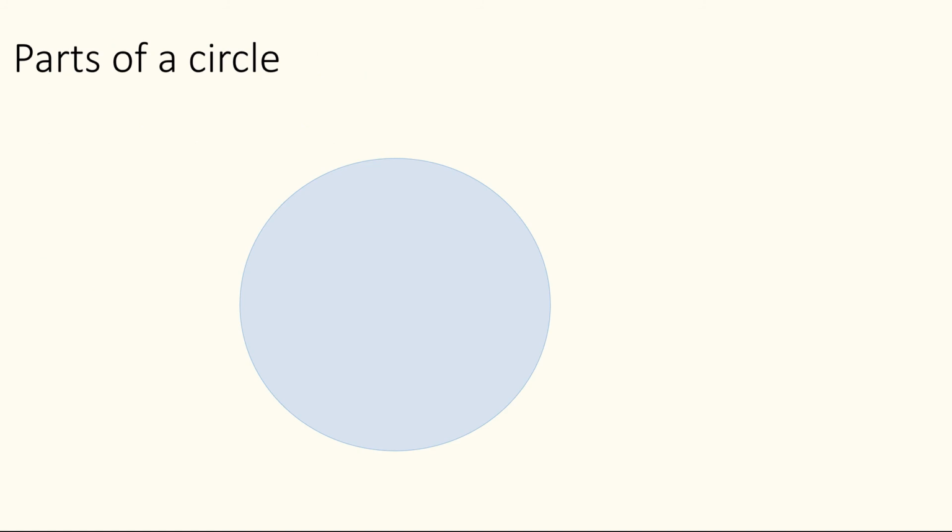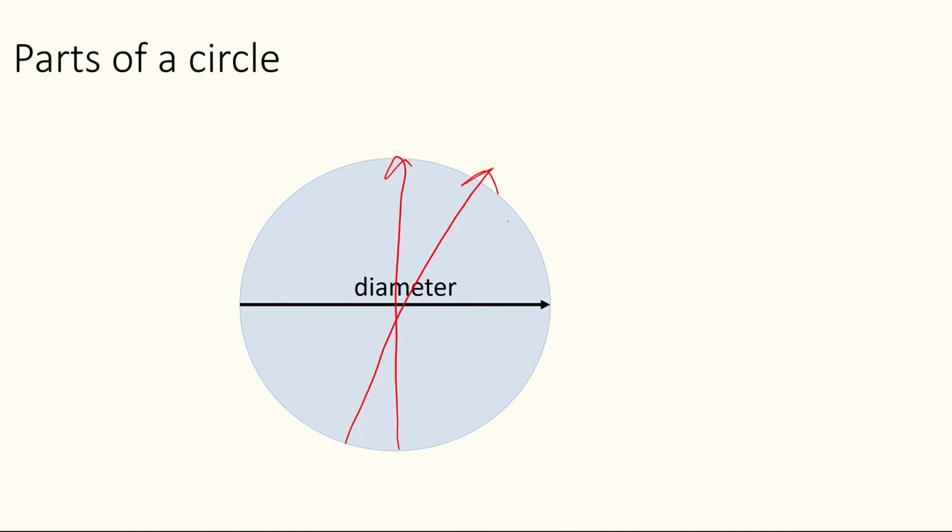Let's start with making sure you remember the different parts of a circle. So the diameter is the length that runs right across the circle. So I've done it from left to right here, but it could go like that. It could be there. It could go. So usually it goes through the center.